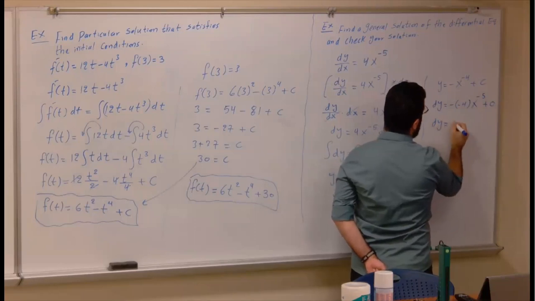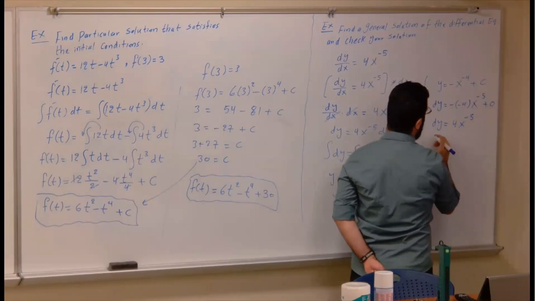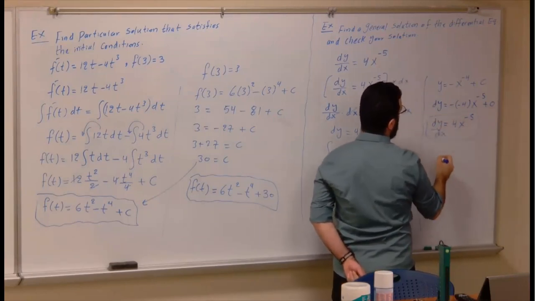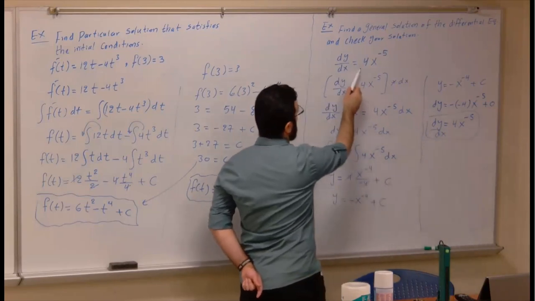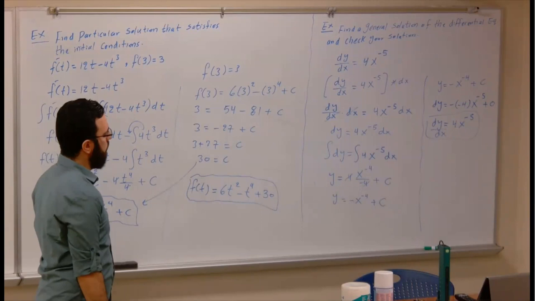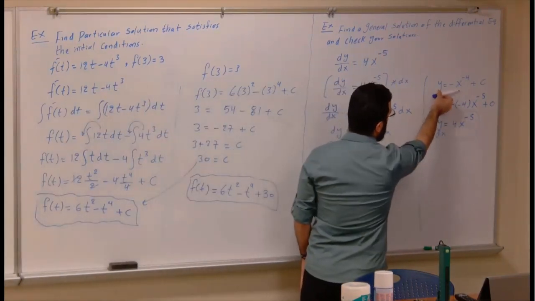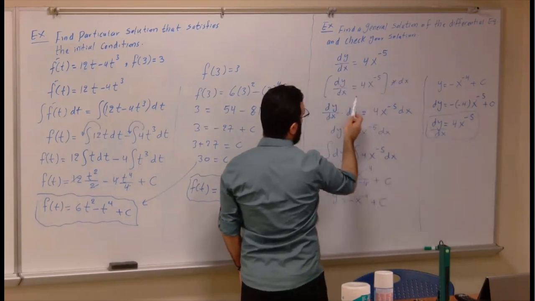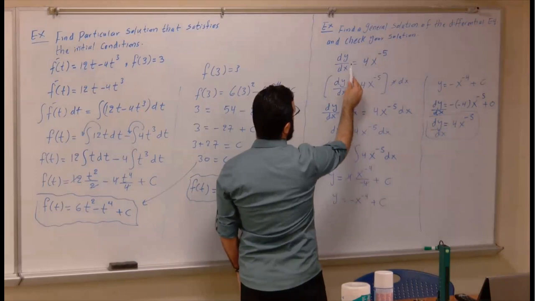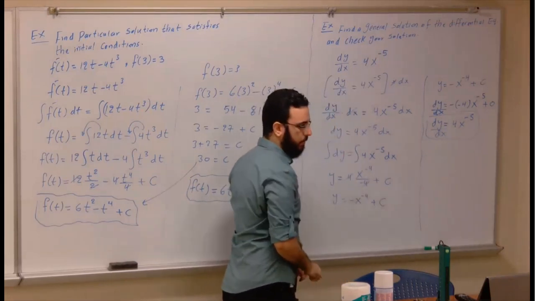So dy is going to be 4x to the negative 5 because this is 0. If I take the derivative with respect to x, I get the same function. So this is how we check. There is the general solution. Find the derivative with respect to x, and this one also over here. That's it for this.